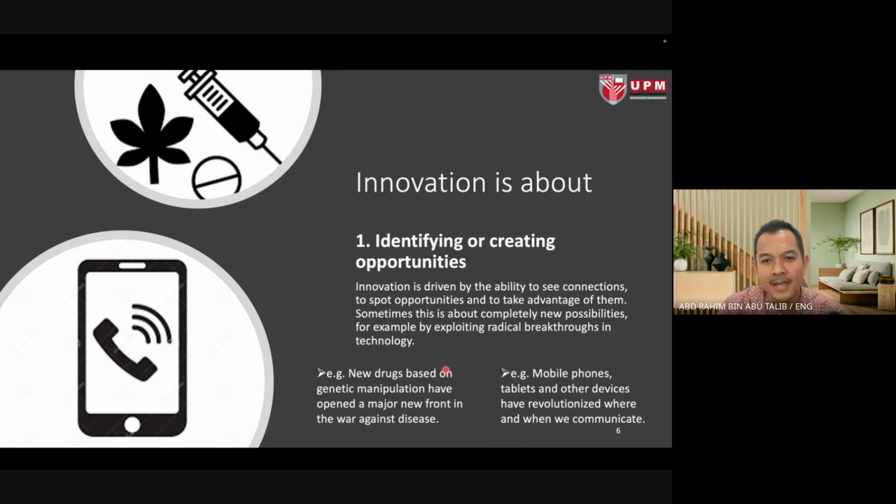But then of course there is an opportunity to improve communication by having devices. We started to have landline telephones, and then from landline we have satellite phones, and then we have mobile phones, and that has already revolutionized where and when we communicate. That is about identifying or creating opportunities.